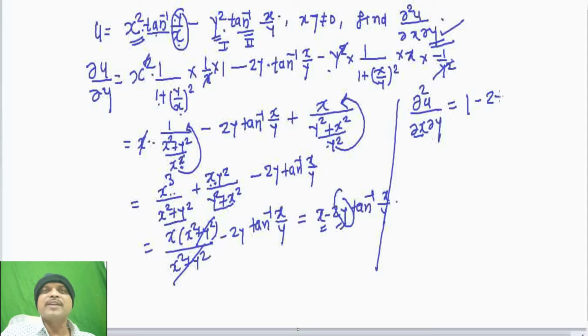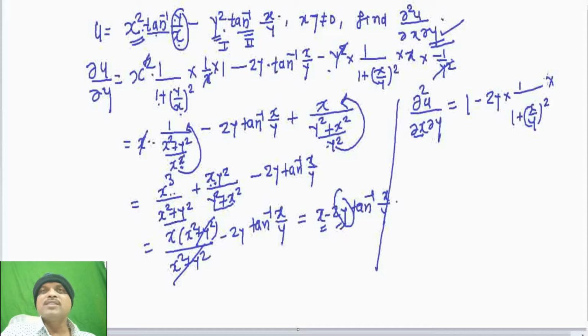So keep it as it is, and the derivative of tan inverse is 1 divided by 1 plus x divided by y whole square into the derivative of x divided by y. As we know, y is constant.